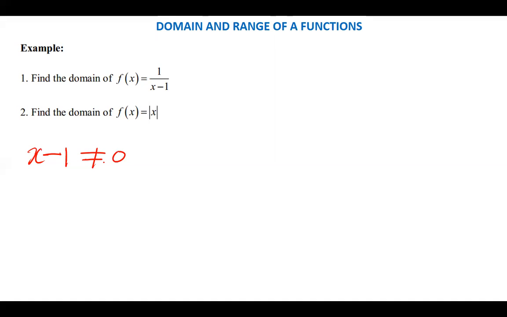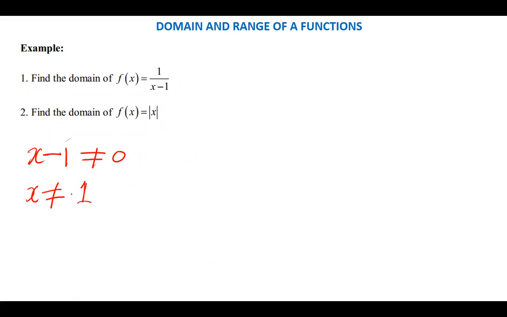Maybe this way you're going to understand. So x minus 1, which is the denominator, should never be equal to 0. We take the -1 this side and have +1. So we say x is not equal to 1.